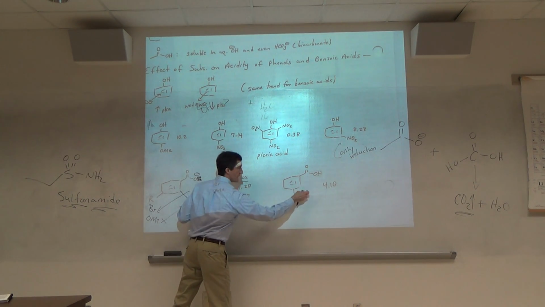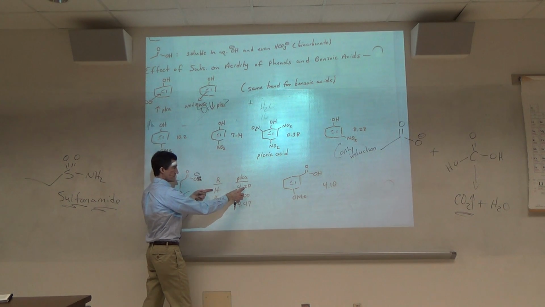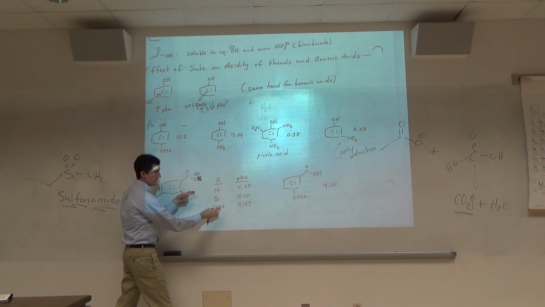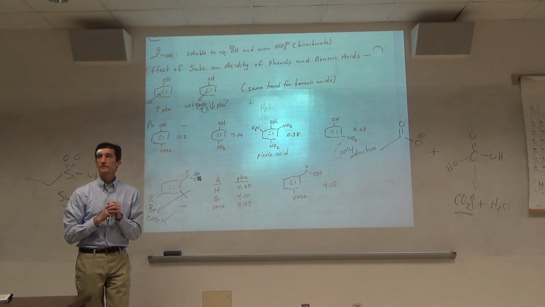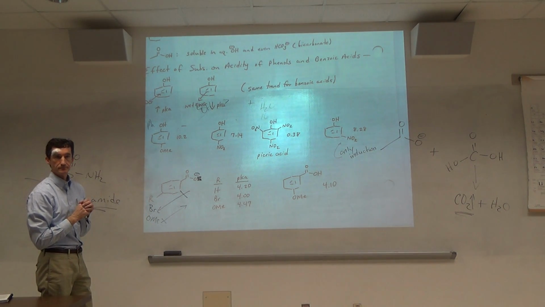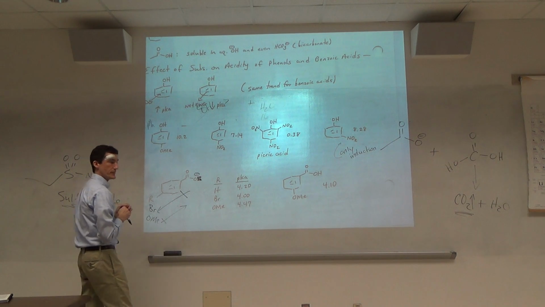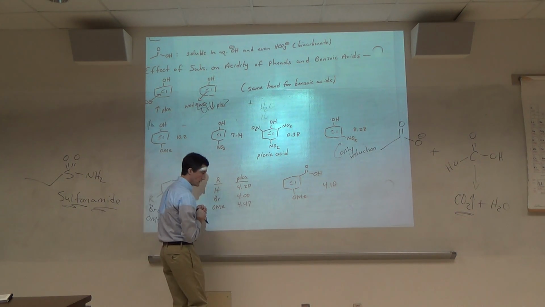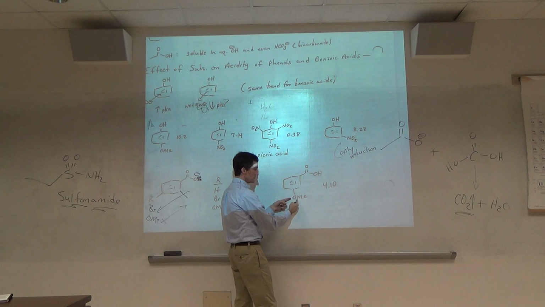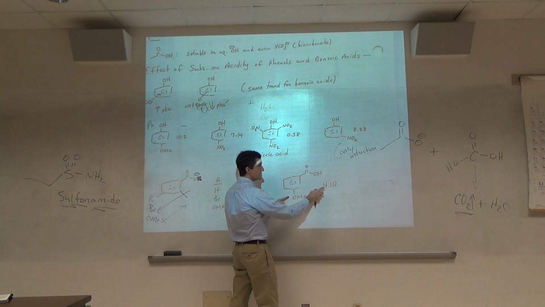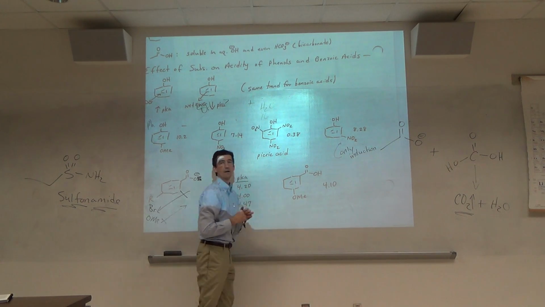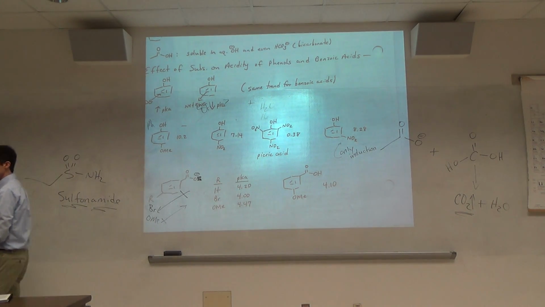If we put a methoxy meta, it's more acidic than this. If we put it para, it's less acidic than that. I want you to think about why that is. So this means you can't just say, hey, this is a donating group that should lower the acidity. Why does it increase the acidity here? Think about it.